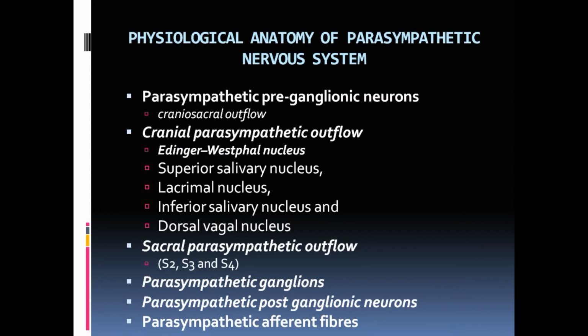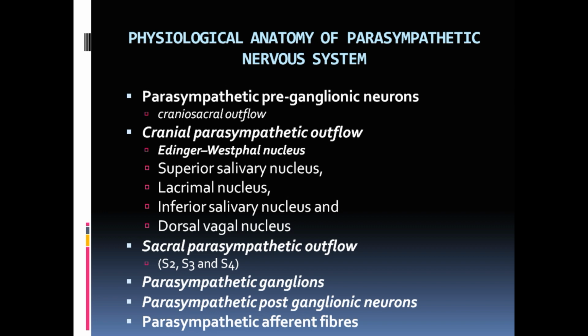So the preganglionic fibers arising from the inferior salivary nucleus are carried in the 9th cranial nerve and synapse in the otic ganglion. From there the postganglionic fiber arises and supplies the parotid gland.